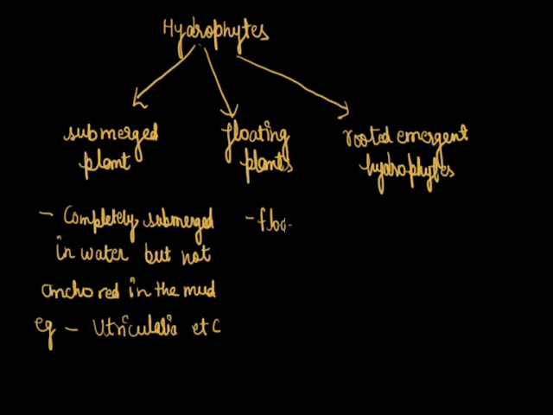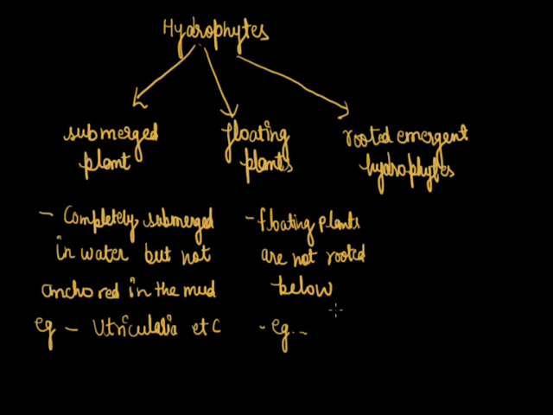Floating plants are not rooted below. They float freely on the surface of water. For example, trapa. In floating leaf rooted plants, the plants are anchored at the bottom, but their leaves float on the surface of water. For example, Marsilea.